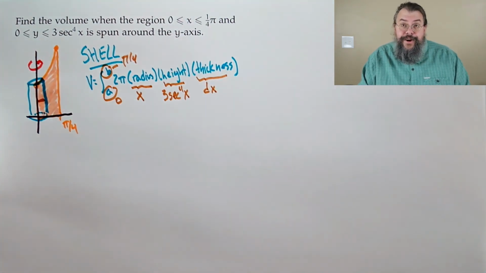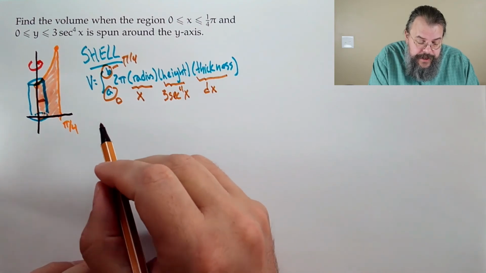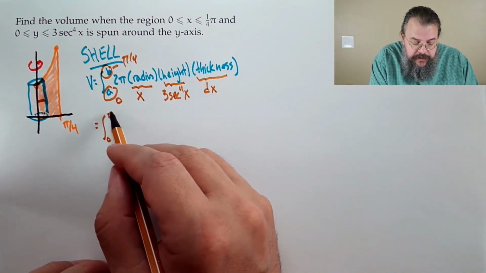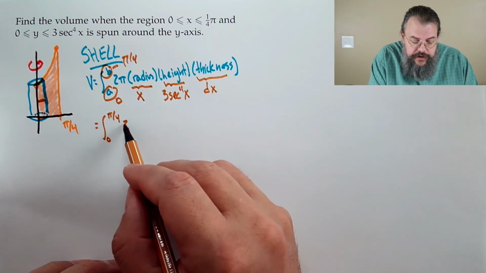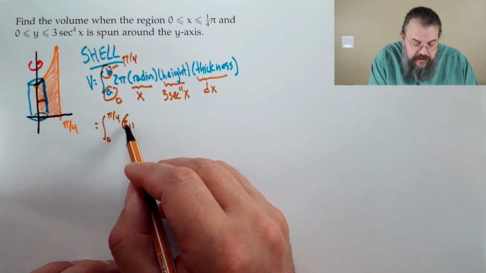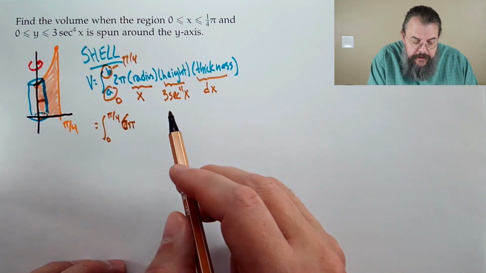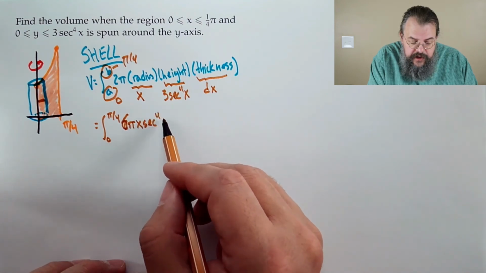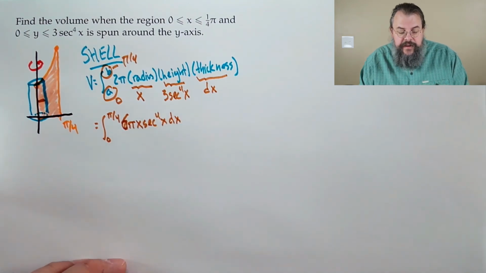Okay, so for us, this becomes the integral from 0 to pi over 4 of 2 pi, well, actually 2 times 3, let's make that a 6. So we have 6 pi x secant to the 4th x dx.